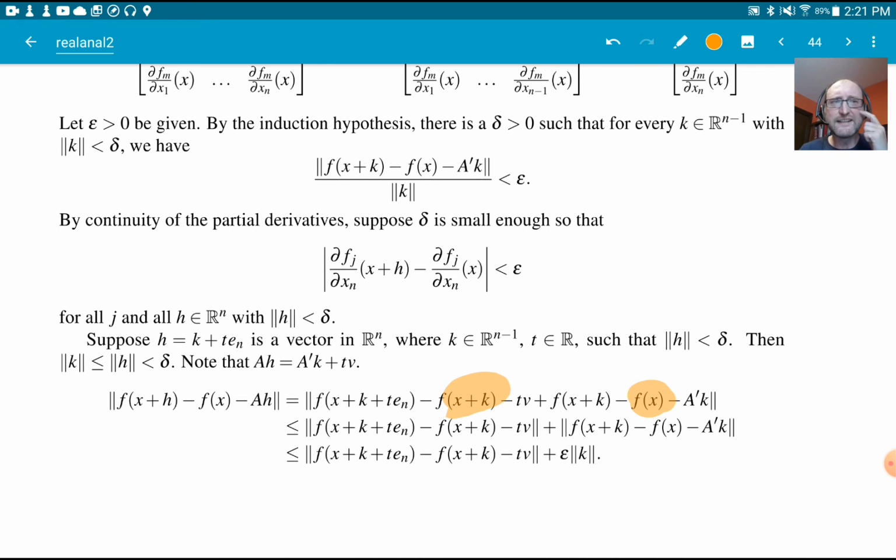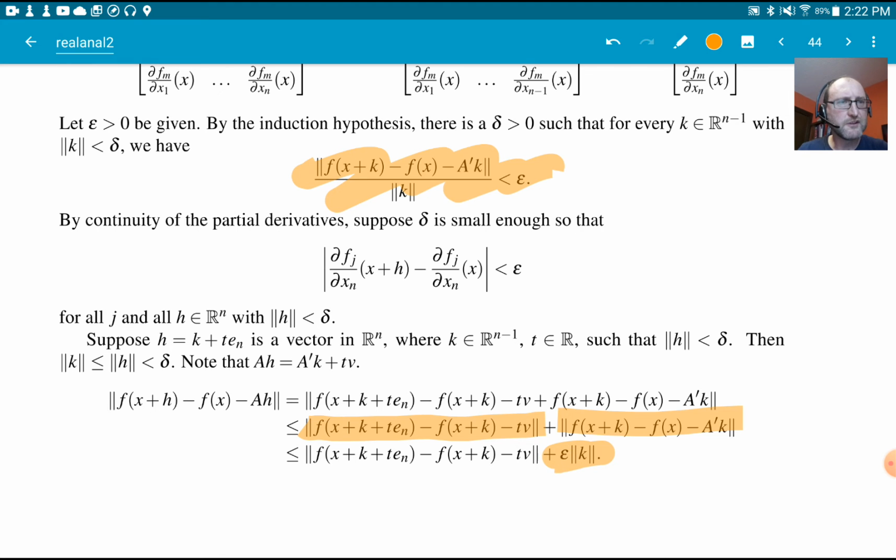This is really where we need this continuity. I use the triangle inequality here, I have these two guys, and now this thing will give me that the numerator is less than epsilon times norm of k. So I get rid of this bit over here, and I have this guy left. So far, so good.